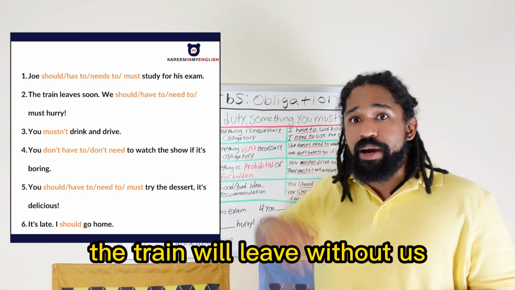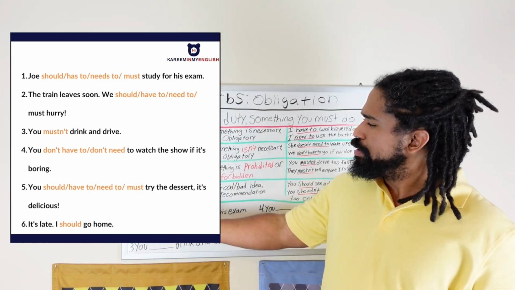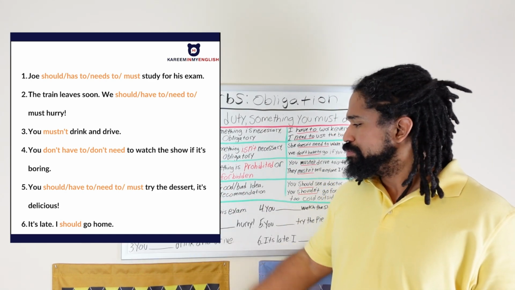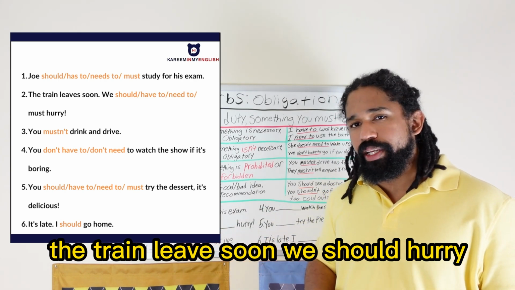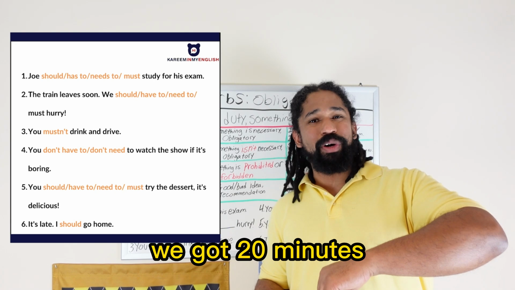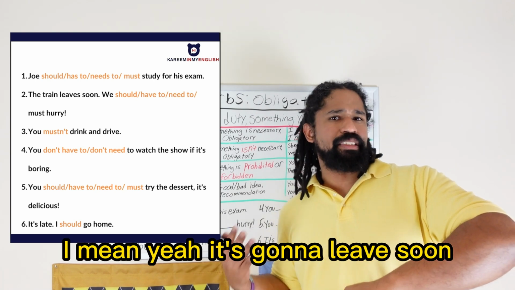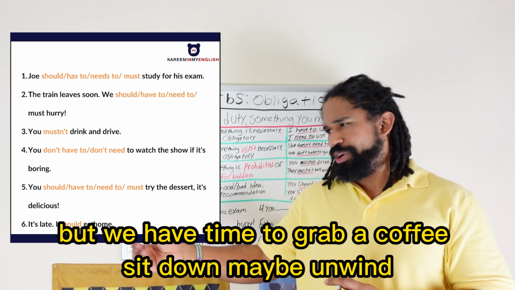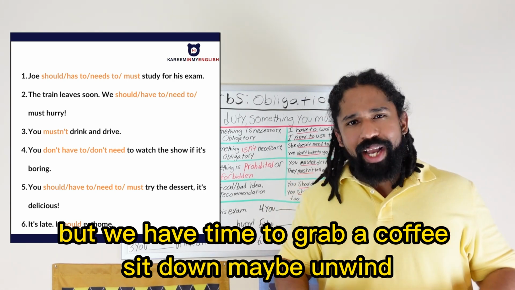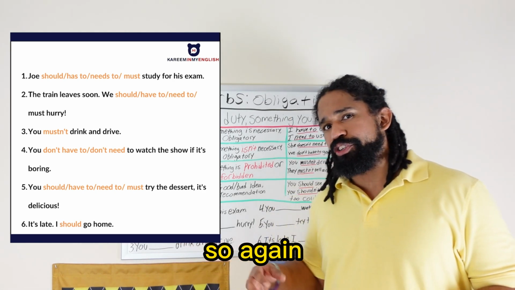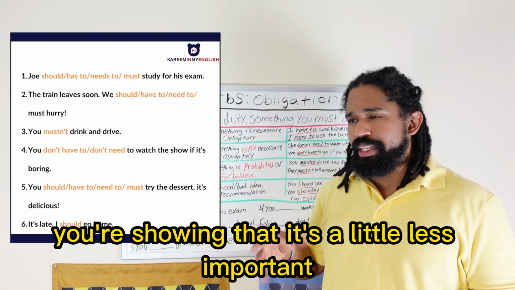The train will leave without us. We can say should as well. The train leaves soon. We should hurry. We got 20 minutes. I mean, yeah, it's going to leave soon, but we have time to grab a coffee, sit down, maybe unwind. So, again, you're showing that it's a little less important.